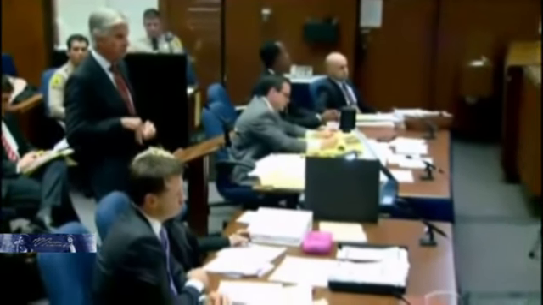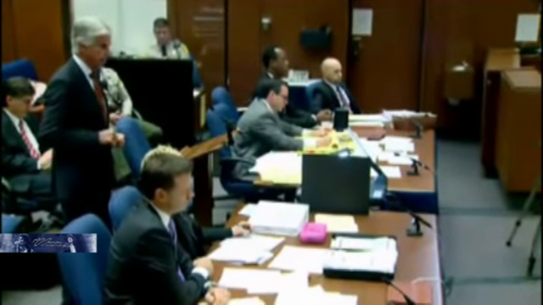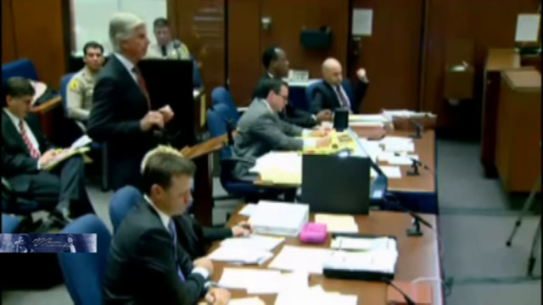Objection. Misstates the testimony. Dr. Schaefer diagrammed that at the request of the defense. No. And it was introduced into evidence. I'll repeat the question. I think it has to do with the report. The objection's overruled. You can repeat it.